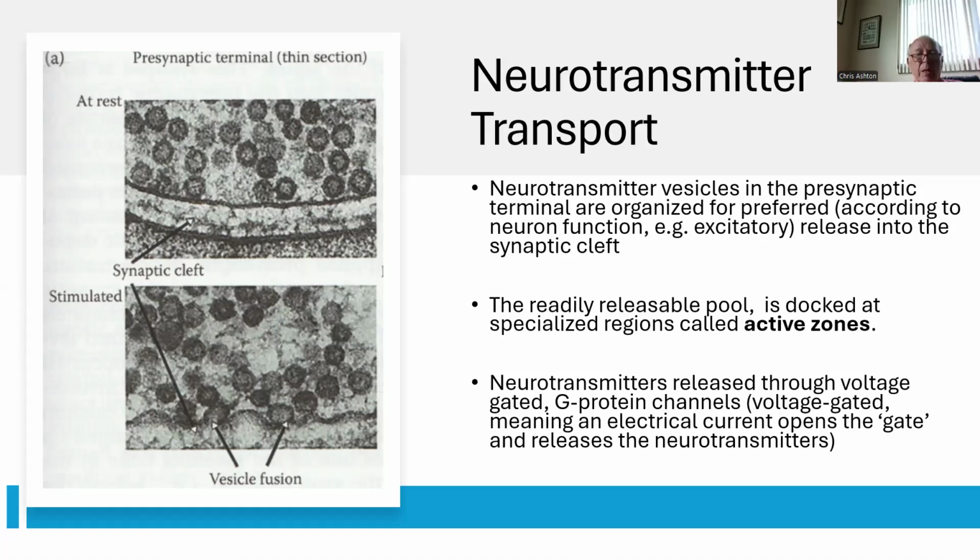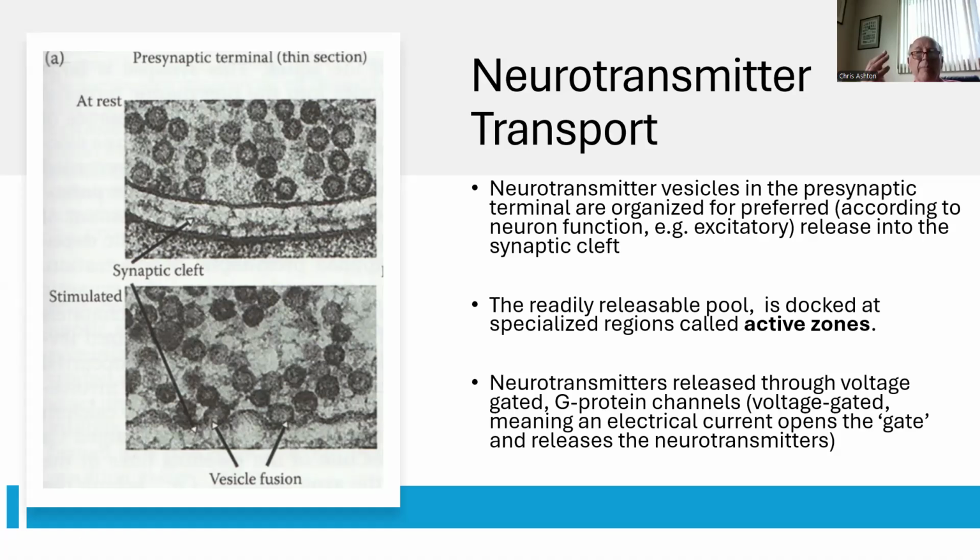And so with, say, crystal meth, the action most likely of crystal meth speeding up neurotransmitter transport is it opens up those G protein channels, also called voltage gated.